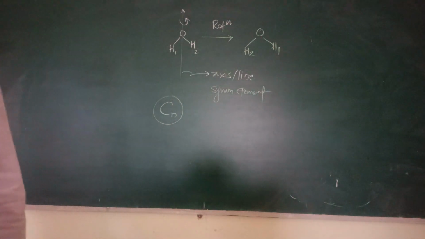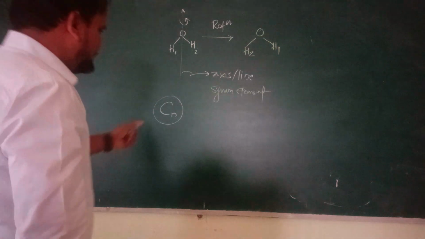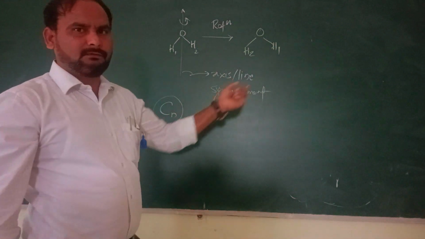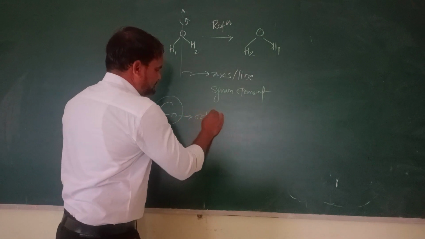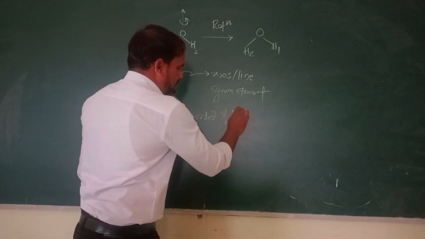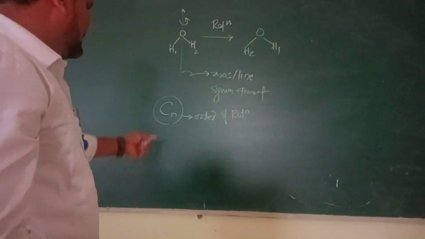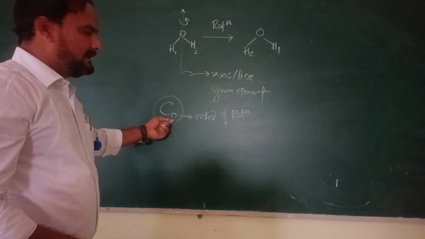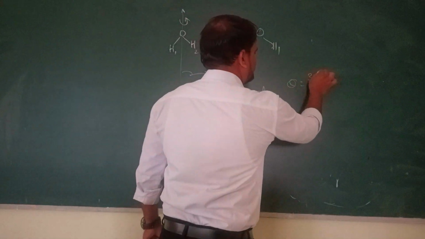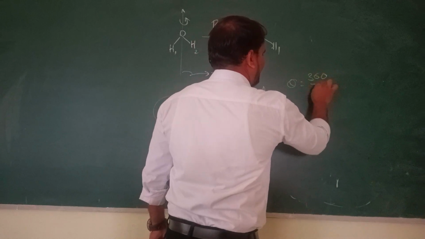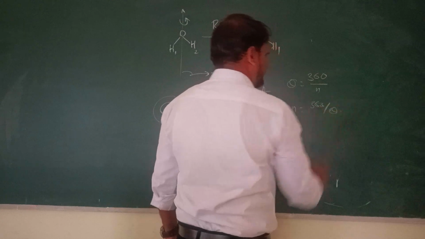C is the symbol for the rotation process, and n is the order of rotation. That n is obtained from the formula theta equals 360 by n, or n equals 360 by theta.